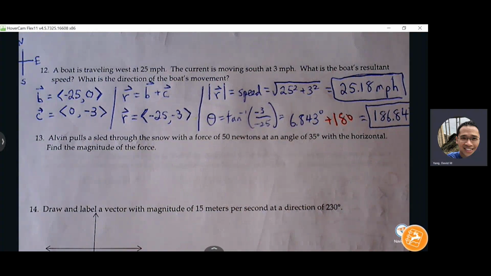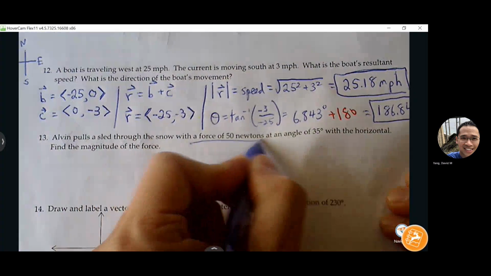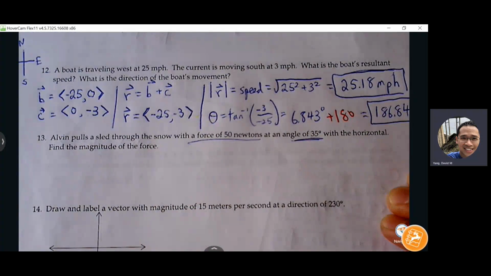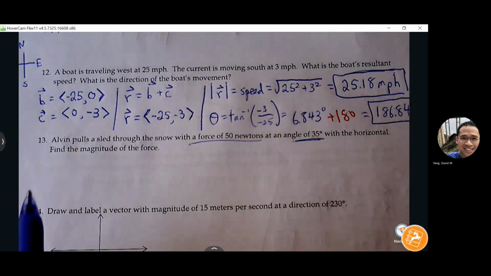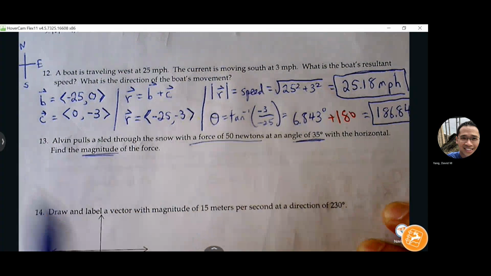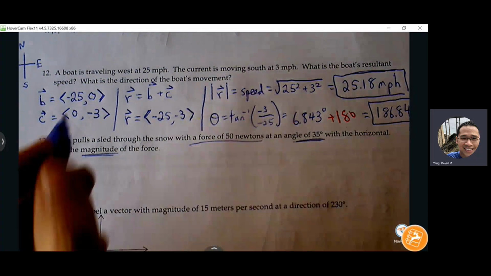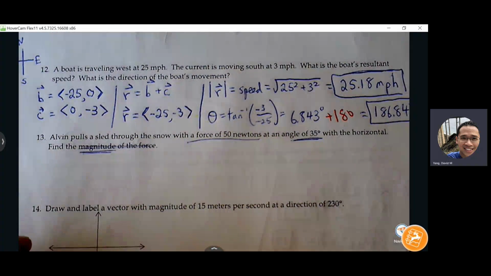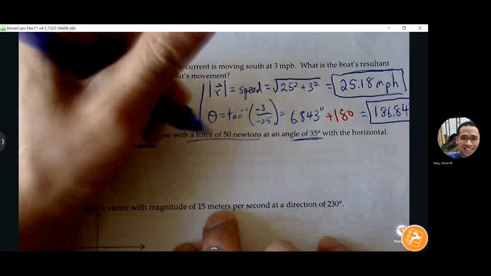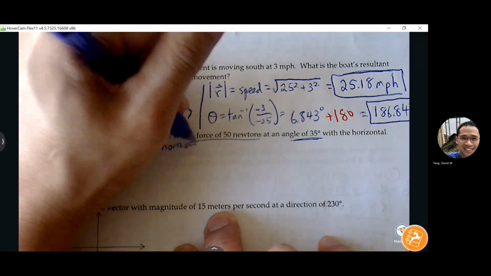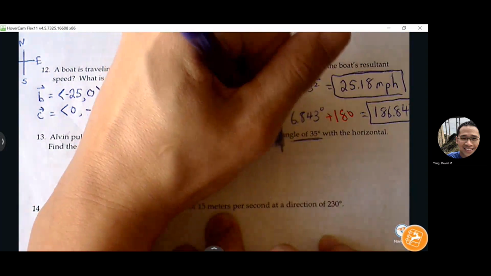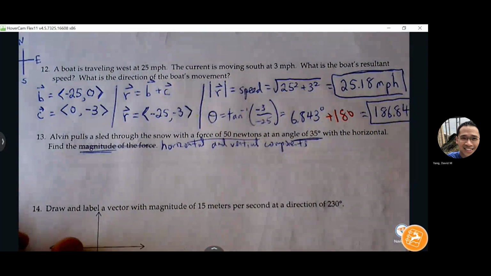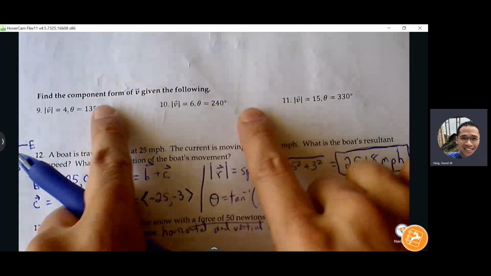Okay, Alvin pulls a sled through the snow with a force of 50 newtons at an angle of 35 degrees with a horizontal. Find the magnitude of the force. Okay. So magnitude requires us to, I'm sorry, let me change this here. I meant to say, find the horizontal and vertical components. So this is working backwards, similar to how we were dealing with number 9.